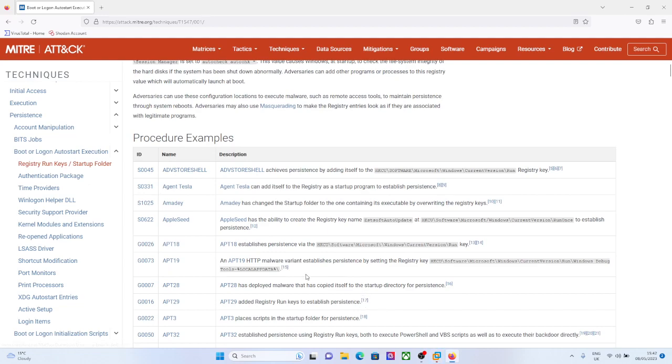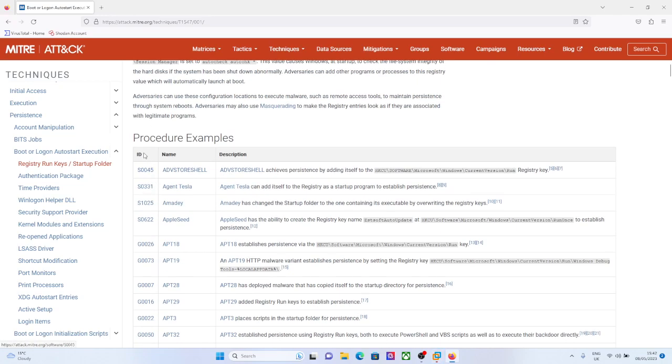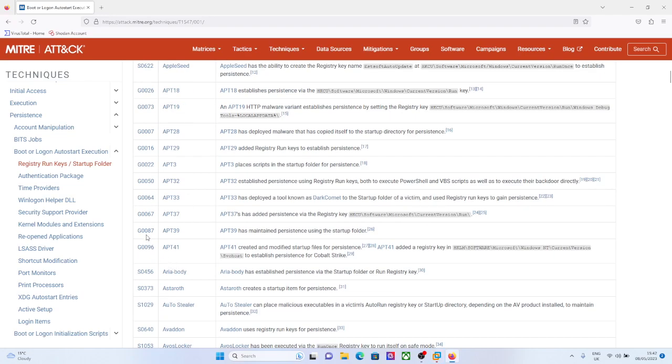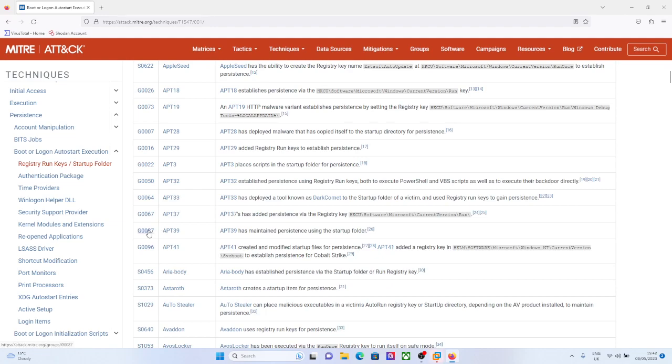So, for example, let's look at APT37. This is the group ID and this is the software ID. As you know, this is Mandiant naming and this is MITRE group naming.